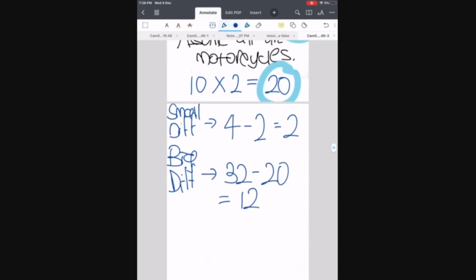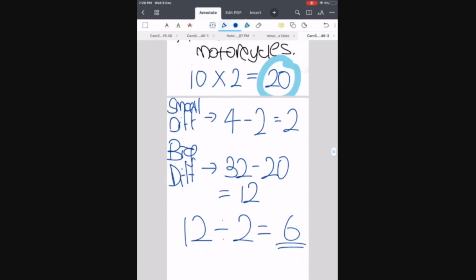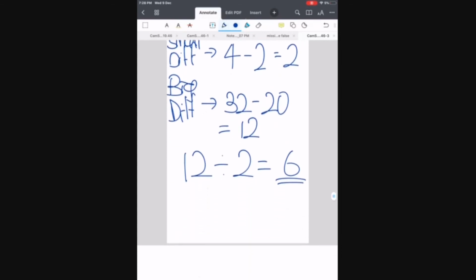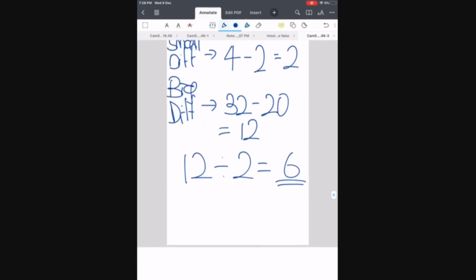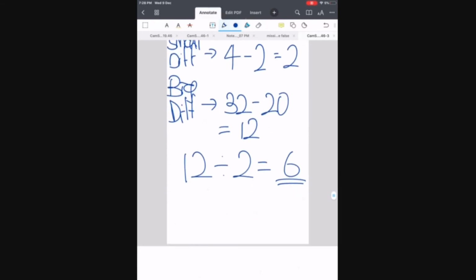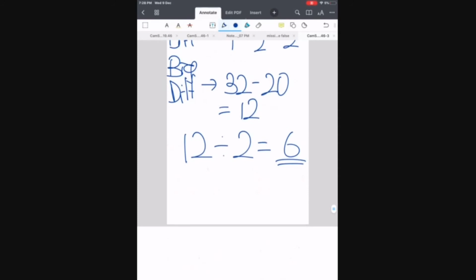So let's do it. The big difference we get is 12 and the small difference is 2. So 12 divided by 2, we get 6. 6 will be the number of cars we get, because after assuming all are motorcycles, we will get the answer as the number of cars. So this is the answer.